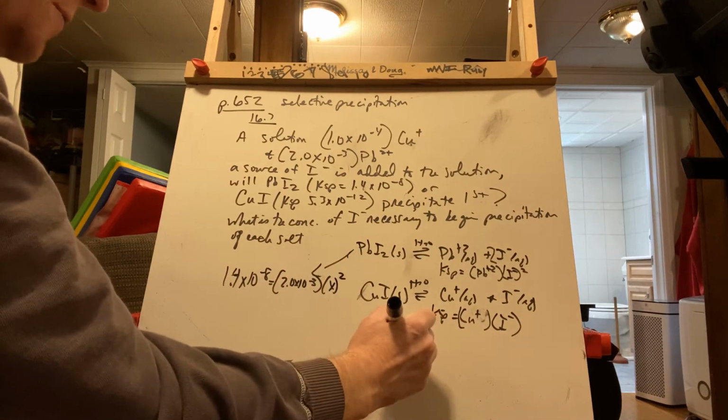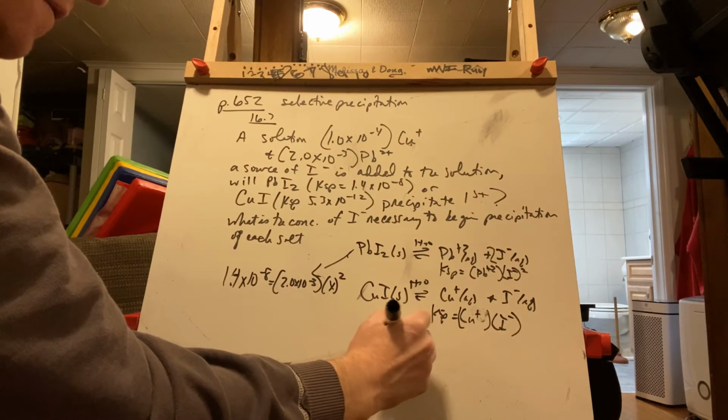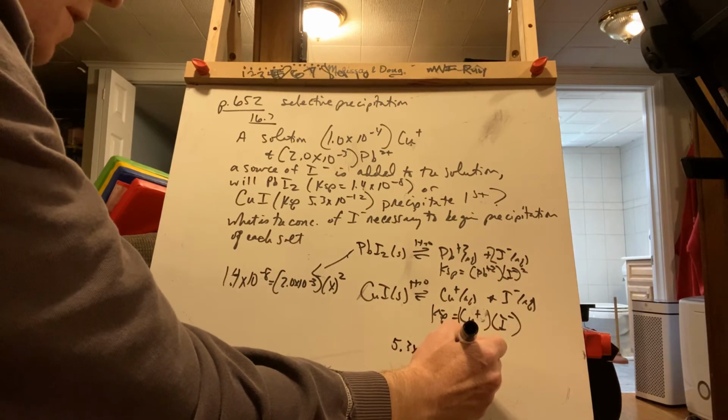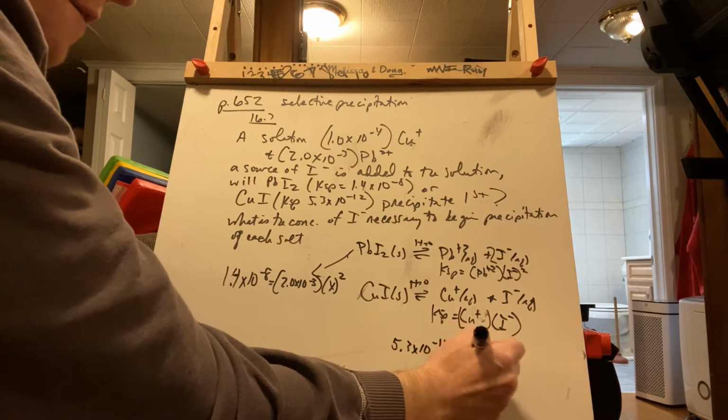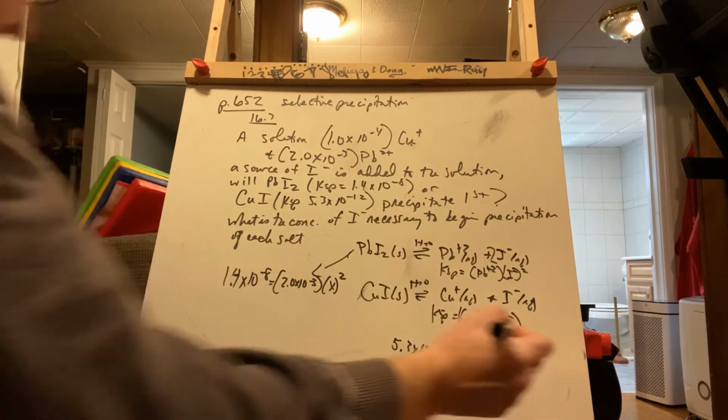And for this one, 5.3 times 10 to the negative 12th equals 1 times 10 to the negative 4th times x.